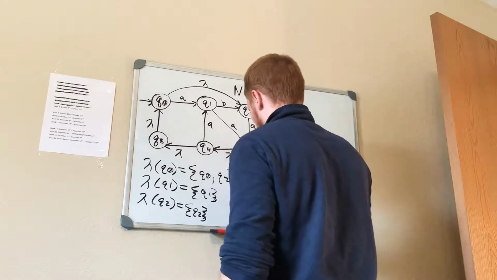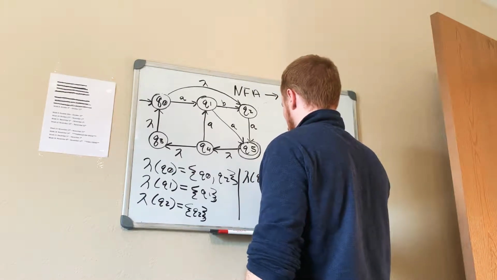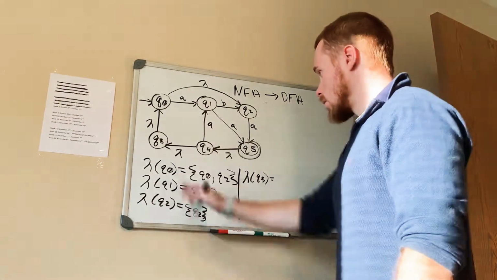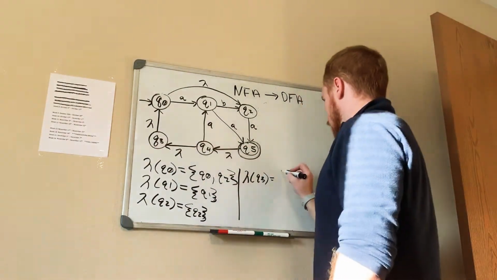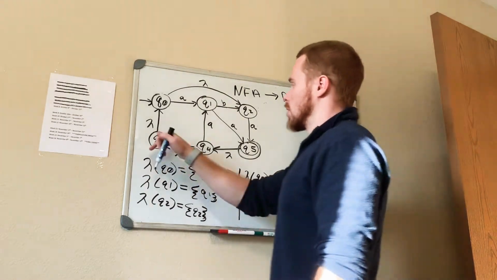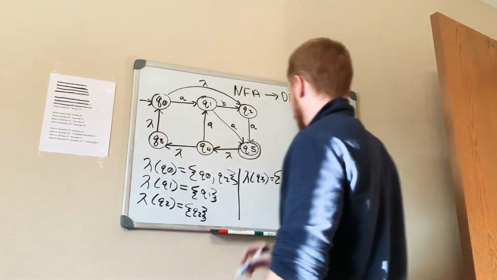We'll divide this up: lambda closure of Q3. Let's go to Q3. Always loop back to yourself, so we can use Q3, and then lambda closure to Q0.